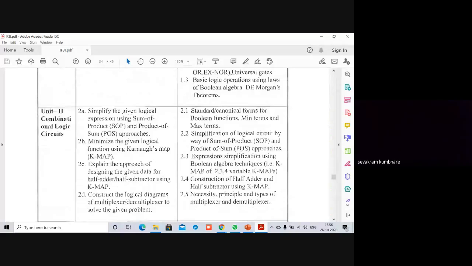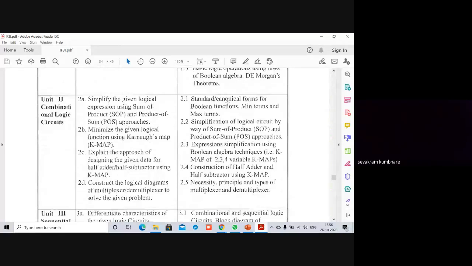So it has this content which we have to cover. The first point is standard or canonical forms for Boolean function, then minterms and maxterms. Second point is simplification of logic circuit by way of sum of product or SOP and product of sum or POS.